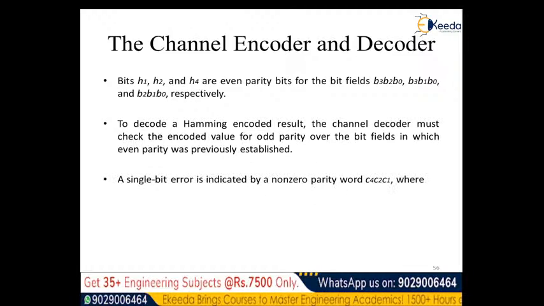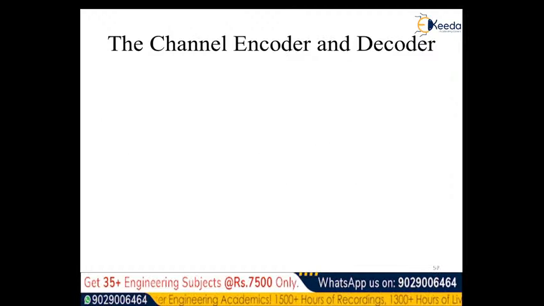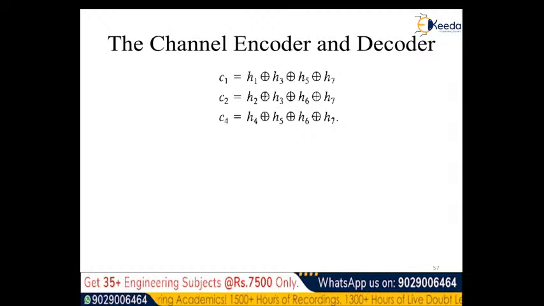A single bit error is indicated by a non-zero parity word C4, C2, C1, where C1, C2, C4 are obtained by the exclusive OR operation between H1, H3, H5, H7, then H2, H3, H6, H7, and lastly H4, H5, H6, H7.